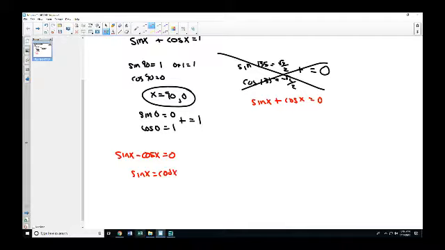You add cosine to both sides. And so where are those two equal? 45 degrees. Both are positive root 2 over 2 at pi over 4. Or are they both negative root 2 over 2? 5 pi over 4.